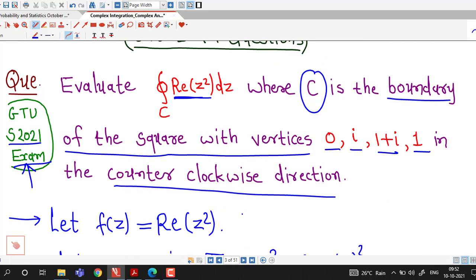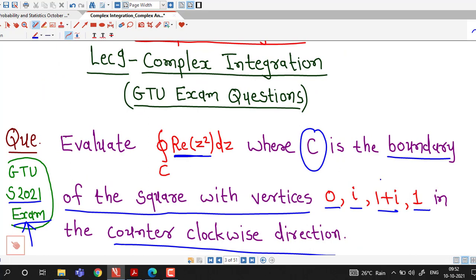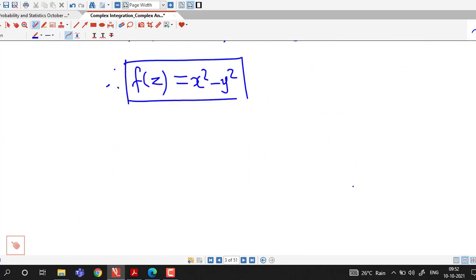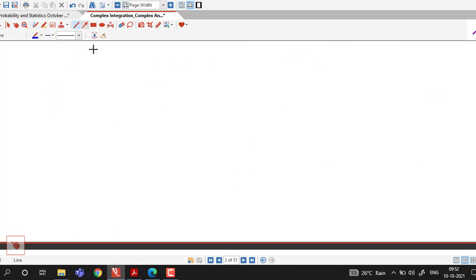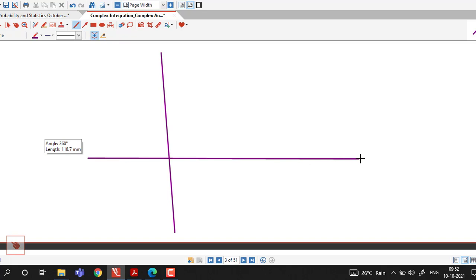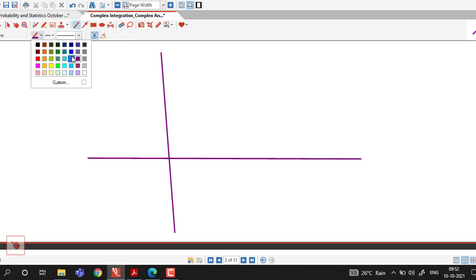Now we see what the given contour is. The given contour is the boundary of the square with vertices 0, i, 1 plus i and 1. So first we sketch this square with the given vertices. For example, this is the xy plane and we have a square with vertices. Our curve is this square. First we write down what the vertices are.